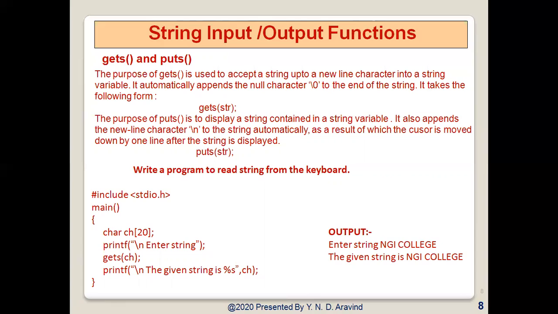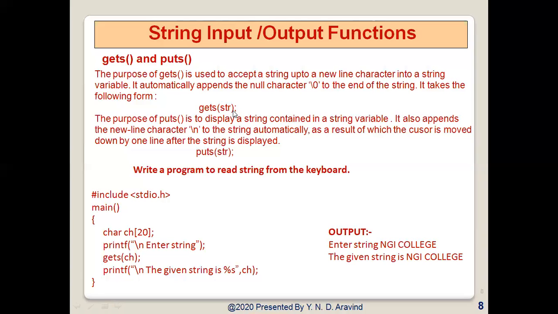It automatically appends the null character \0 at the end of the string. Once you press the enter key, a new line character, at that point of time it will append \0 to the end of the string. It takes the following form: gets(str).